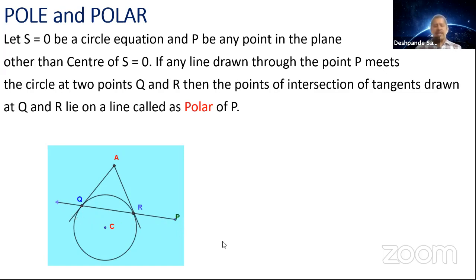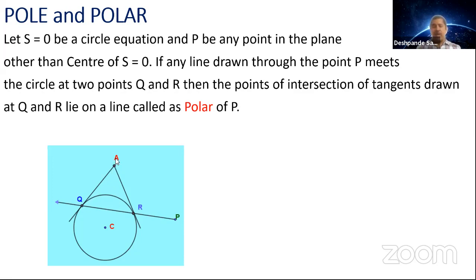This line you have drawn is cutting the circle at 2 points, one is Q and the second is R. Now from this Q and R, if you draw tangents, QA and RA, then what did you call this QR earlier? This is what is called a secant, and with respect to the point A, you call it the chord of contact.